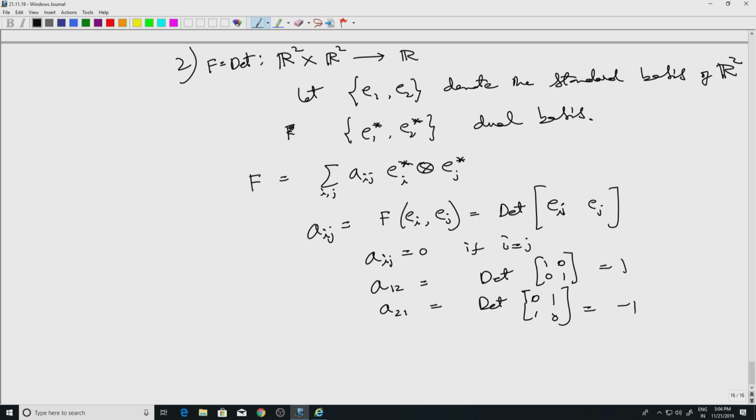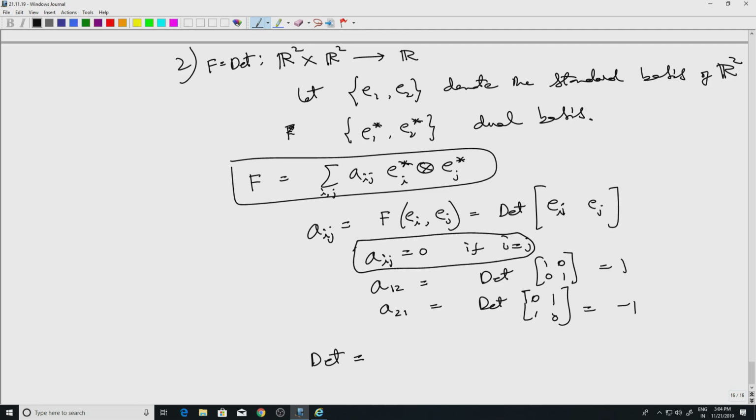So what I end up getting, going back to this, is the determinant expressed as follows. There are four terms in this sum. i can vary from 1 to 2, and j varies from 1 to 2. But amongst these four terms, I already know that A11 and A22 are 0 because of this, and then A12 is this.